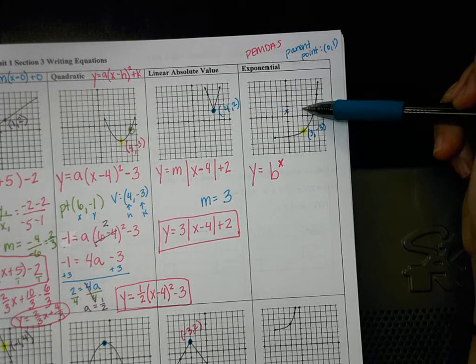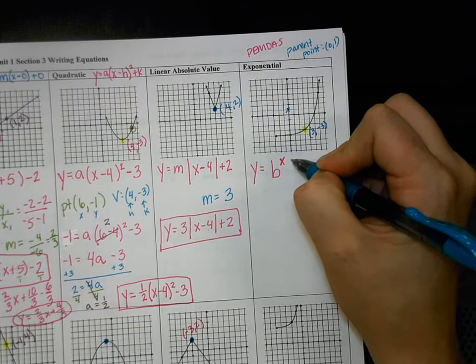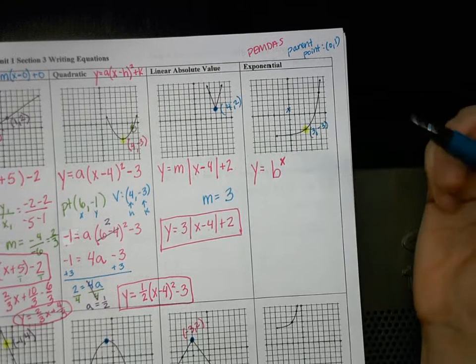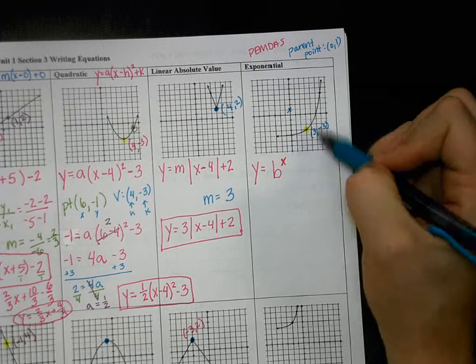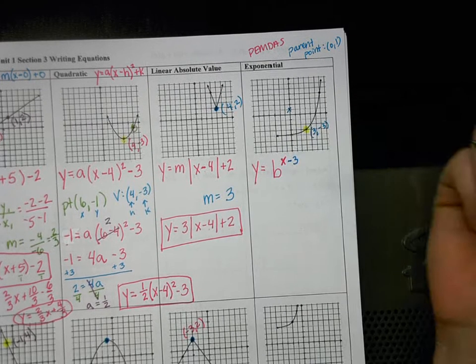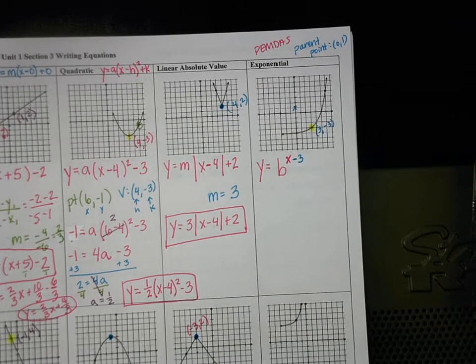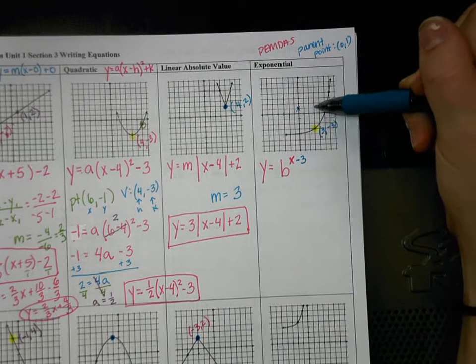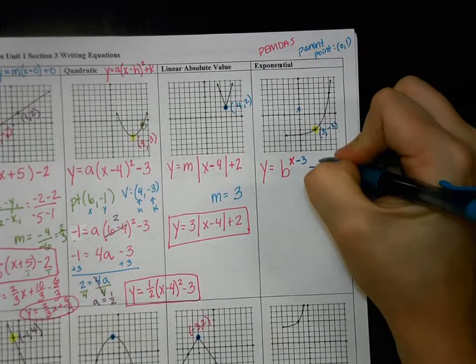To the right 3. Is that addition or subtraction if I'm moving to the right? So I have to do the opposite, remember? Yeah, so that's subtraction. And then how far am I moving down? 4. I'm actually moving down 4.